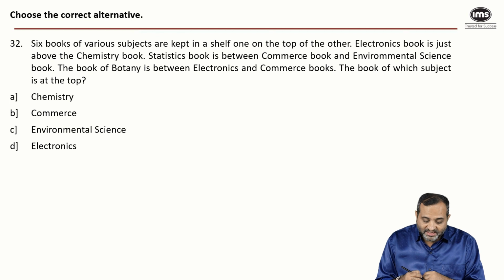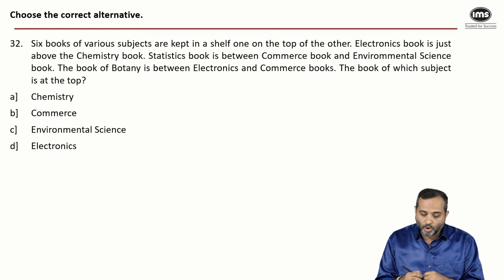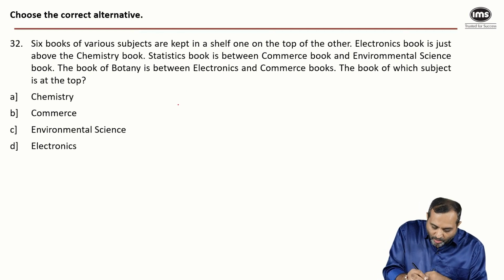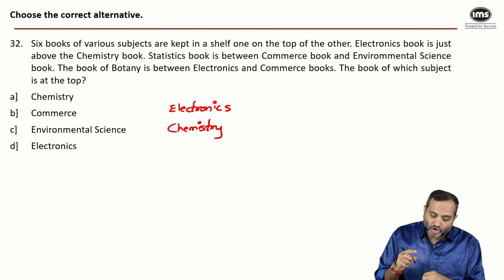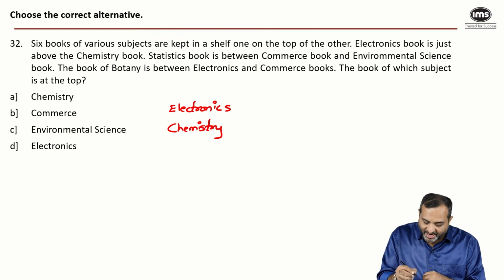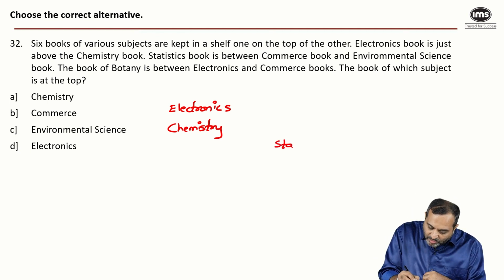Six books of various subjects are kept in a shelf, one on the top of the other. The electronics book is just above the chemistry book. So the book on electronics has to be above chemistry. The statistics book is between the commerce book and environmental science. So I have a statistics book.